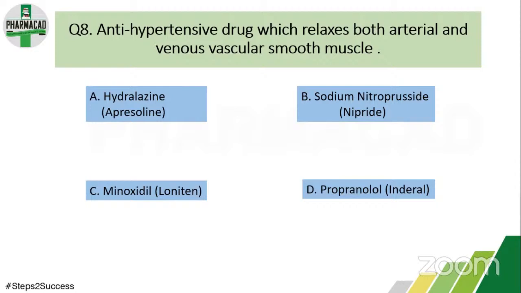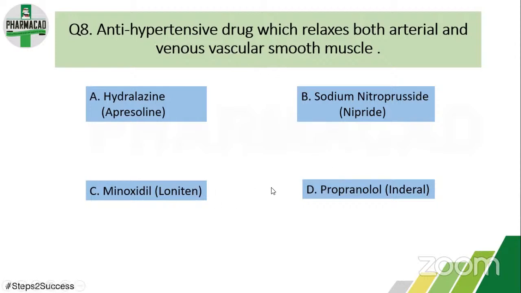Under vasodilators, there were two classes. One was the drugs that relax only the arterial smooth muscle, and the other was both arterial and venous vascular smooth muscle. So firstly, again we can eliminate the wrong ones.